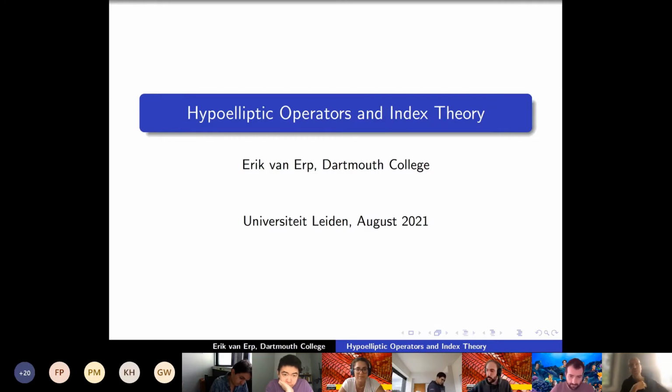I've been working on this particular topic, hypoelliptic operators, specifically, first of all, on contact manifolds and their index theory. My origin is in analysis and in index theory, and to me the contact manifolds were an interesting example because index theory was started with the work of Atiyah and Singer in the early 60s and was almost exclusively focused on elliptic operators.